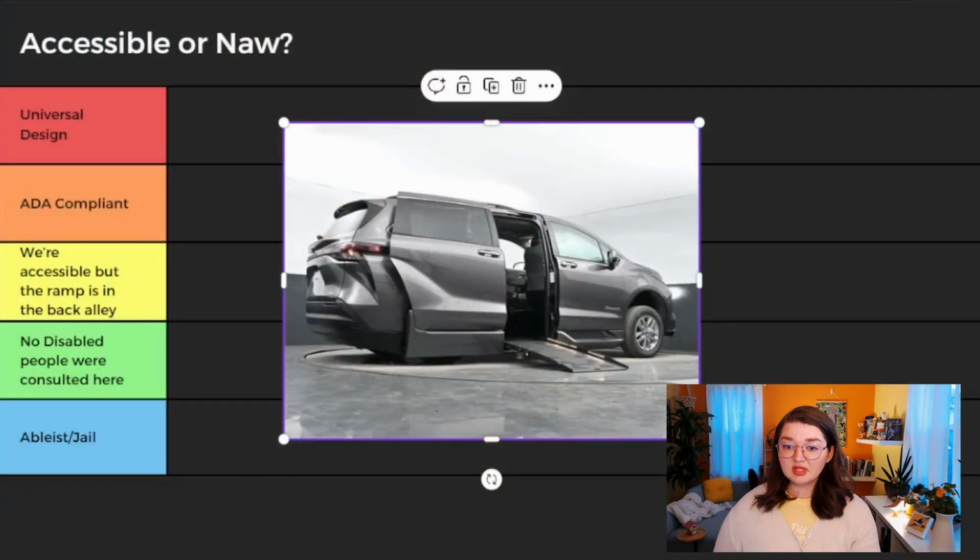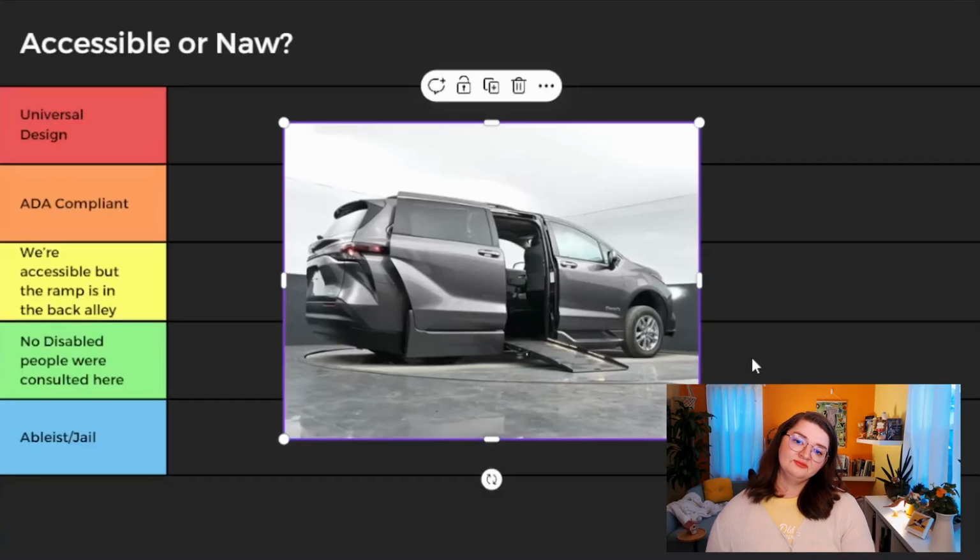Okay, so first up, we have a picture of a wheelchair accessible van. This appears to be a Toyota Sienna, which, how thoughtful. That's the kind of van that I drive, so that's probably why he picked this picture.